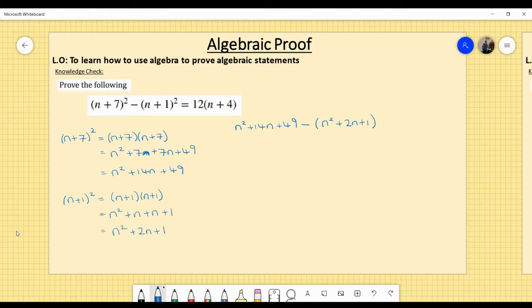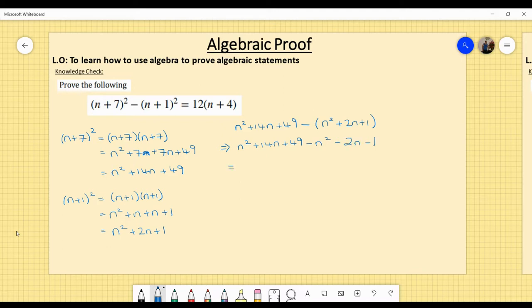Okay, remember we're trying to make it look like this. At the moment it looks nothing like that. So if we think about simplifying then, we've got n squared plus 14n plus 49, and then we're going to minus everything that's in this bracket. So minus the n squared, minus the 2n, and minus the 1.